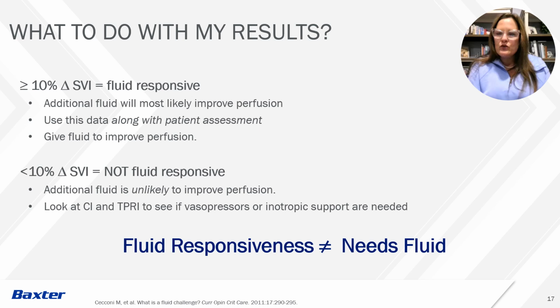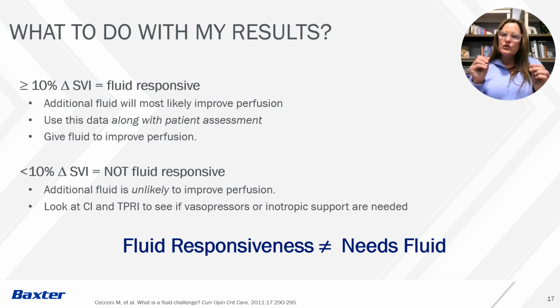Now, what do we do with our results? Well, if we have a greater than or equal to 10% increase in stroke volume or stroke volume index, that's considered to be fluid responsive, which means additional fluid most likely will improve perfusion if they need better perfusion.